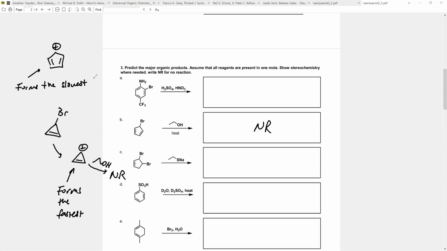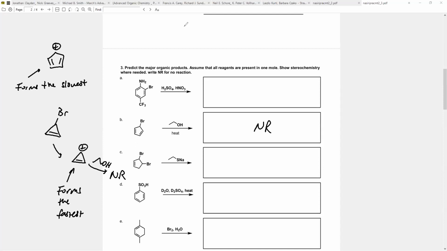Non-aromatic cations form in the middle in terms of speed, but they react faster than aromatic cations, and they form faster than anti-aromatic cations. So cool. All right, that's a tricky one. Yeah, it's a tricky one. Cool. All right.